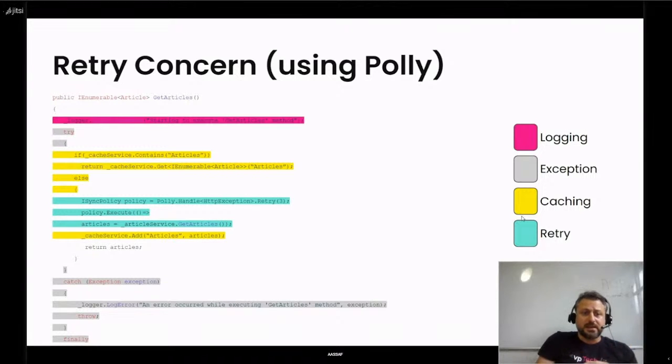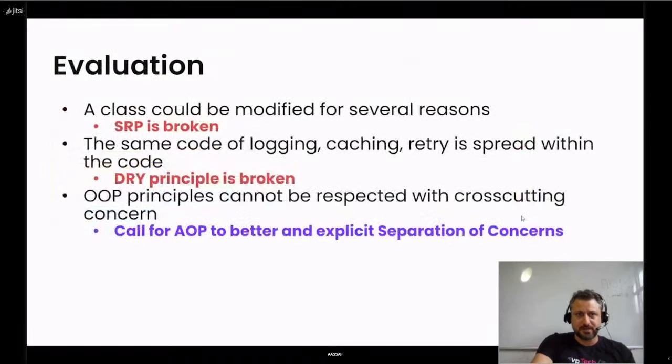So let us define, using Polly, which is a very well-known library, a policy to retry when we have an exception when calling the API. Look at this code. It's very complex to reason about, and very complex to extend, and all of that for a non-functional reason.